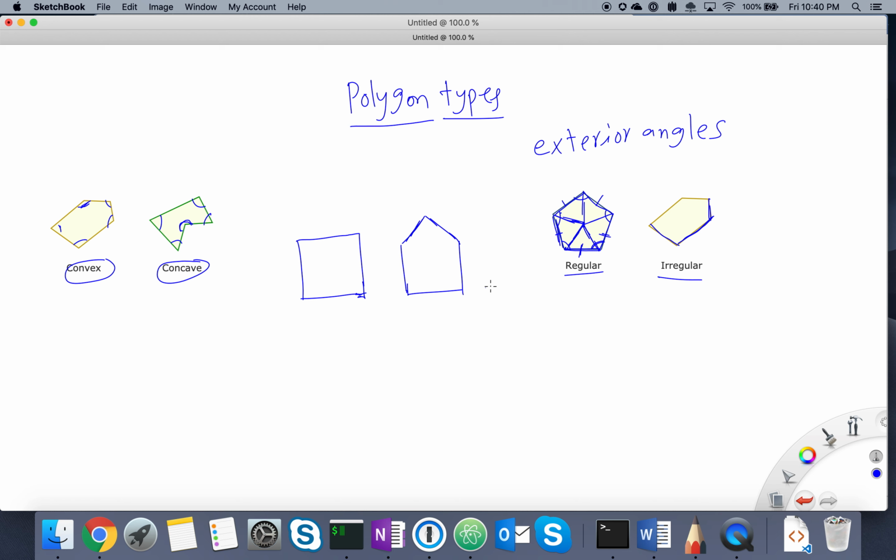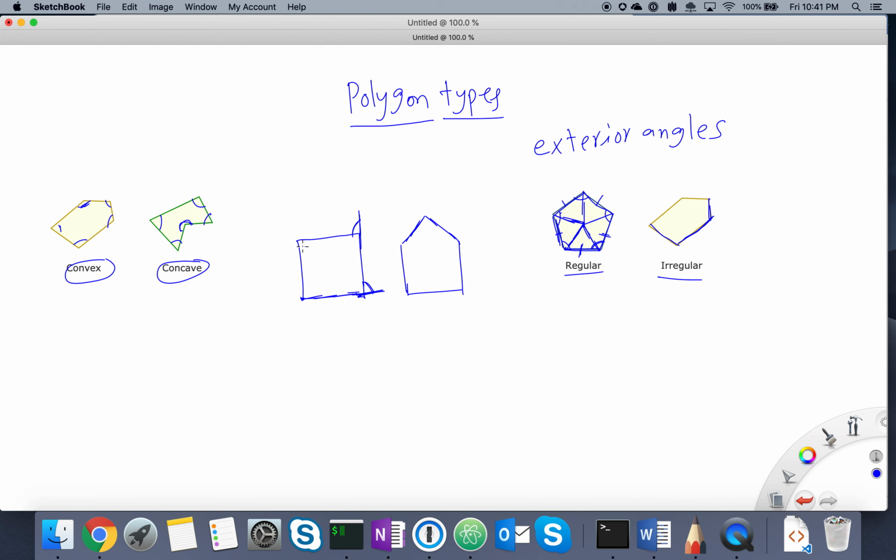So how do we get the exterior angle? I'll take this vertex, and from this vertex, this is the side, I will extend this side. This is one exterior angle, and then I'll take another one, I'll extend this side.